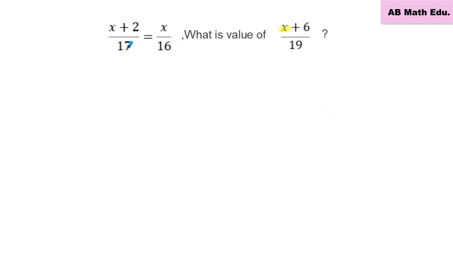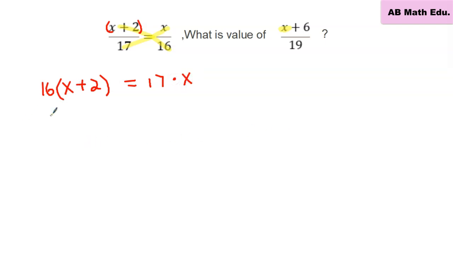So we are going to cross multiply. This is two terms, so we are going to cover it with parentheses. So it's going to be (x plus 2) times 16. You can put it behind, but basically we write a number first. And here, 17 times x.